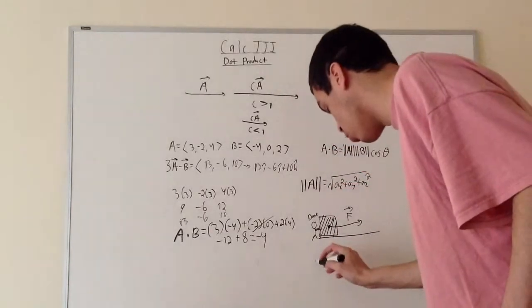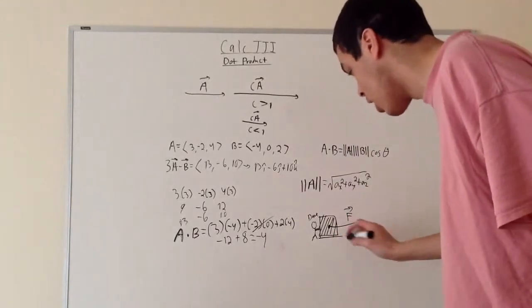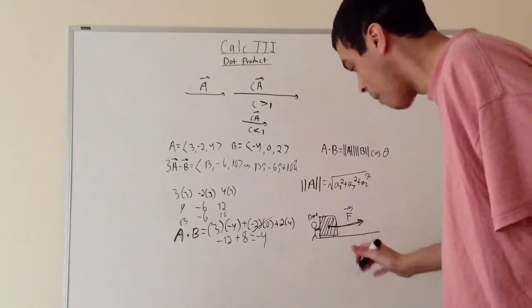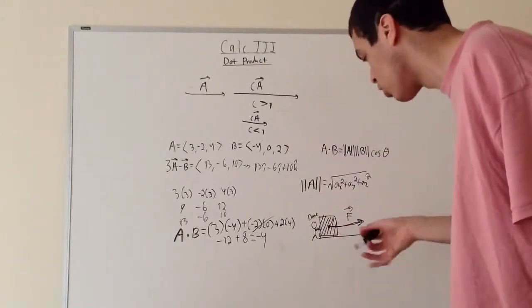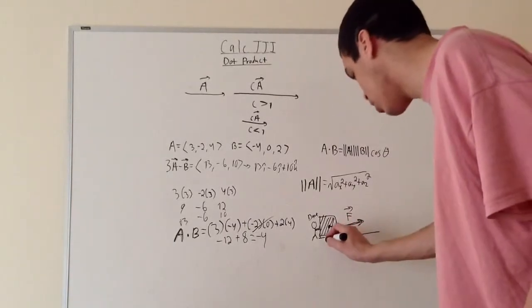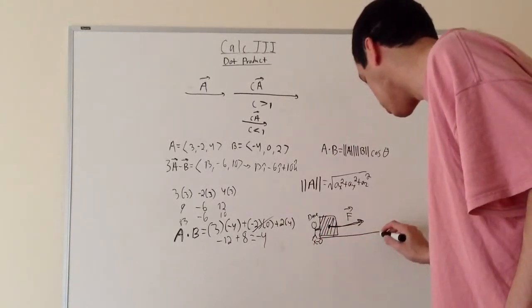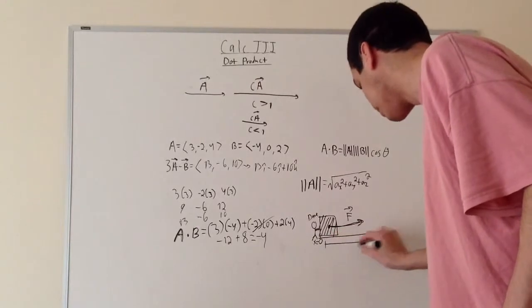It's important to note, when you have two vectors, like here, if he's pushing, there's really only one vector. This is probably not the best example, but I'm going to continue with it anyway. Let's say this is x equals 0, and this is how far he pushes it.